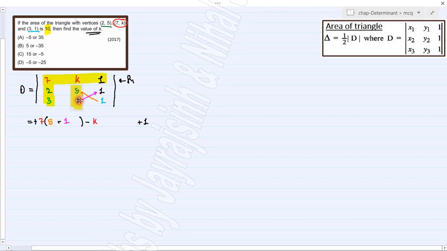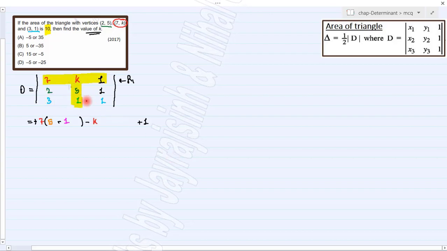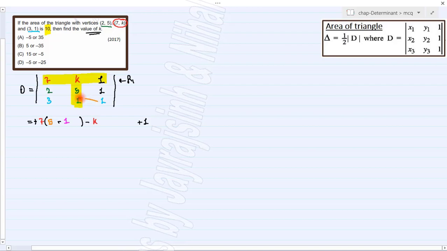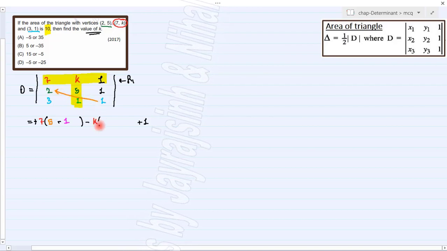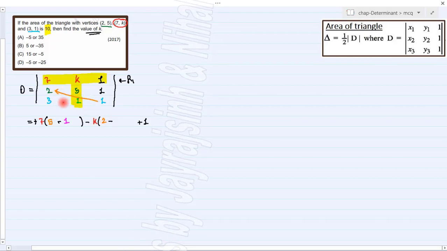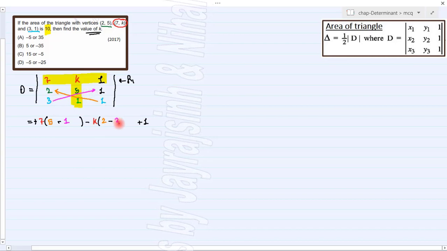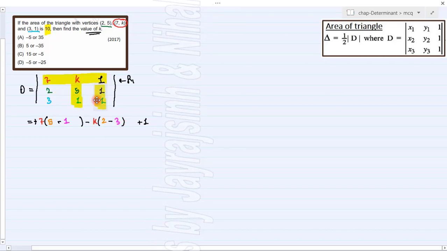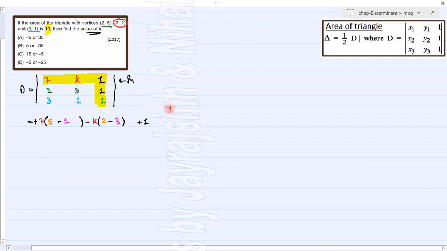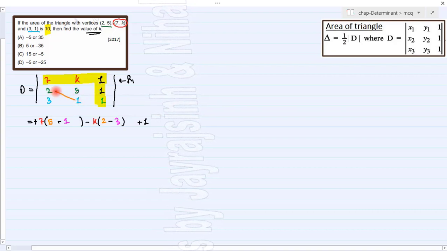Now let's find the minor of k by ignoring the first row and second column. So we have to multiply 1 with 2, which gives us 2, minus 3 into 1, which gives us 3. And finally, for the last element, we have to ignore the first row and last column.